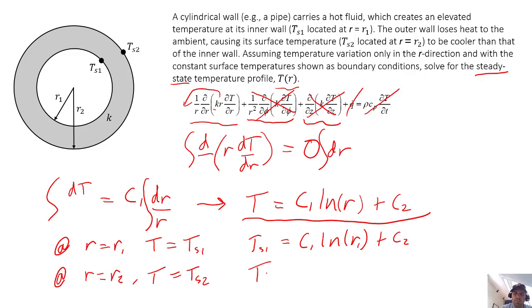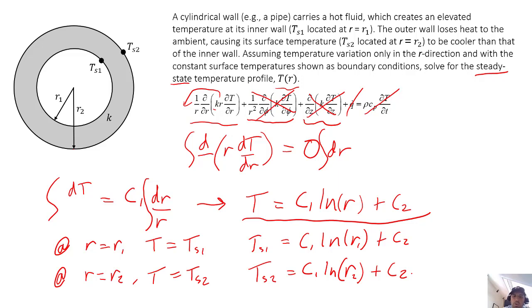The second one gives us a very similar equation. TS2 equals C1 times the natural log of R2 plus C2. So we have two equations that look very similar, except the only difference is that you have TS1 and R1 in the first equation, TS2 and R2 in the second equation.